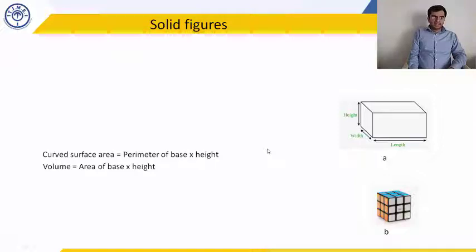So the way to understand this is that you simply take the perimeter of the base. For example, you have a cuboid, or you are in a cuboidal room. So what is the area of the base? The base is a rectangle with a length and a breadth. Sorry, a length and a width is the same thing. So the perimeter of the base becomes 2 times (L plus B). And then if you multiply it by height, you get the curved surface area.